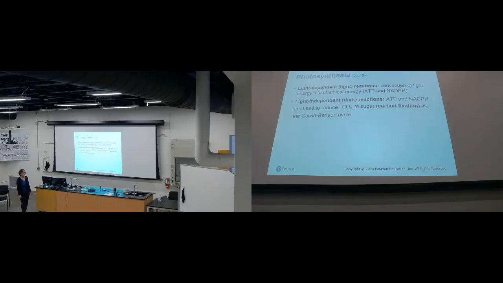So in photosynthesis, we have light-dependent reactions and light-independent reactions. In the light-independent reaction, which is called the dark reactions, you have ATP and NADPH that are used to reduce CO2. This one is reducing CO2 to sugar, so this is carbon fixation.